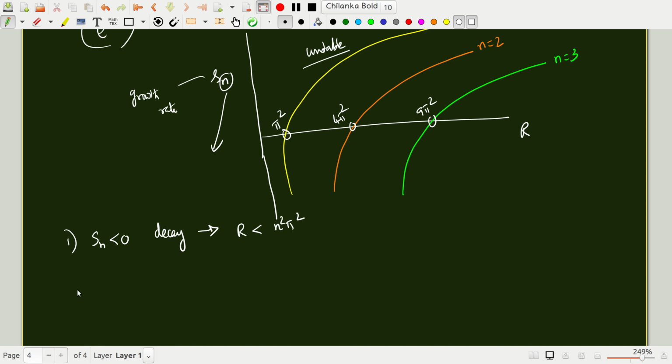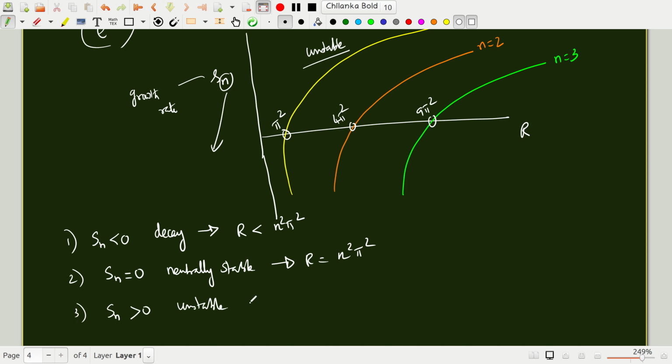And when Sn is 0, perturbations are neutrally stable. That's when r is equal to n squared pi squared, and Sn greater than 0 is unstable. That is when r is greater than n squared pi squared.